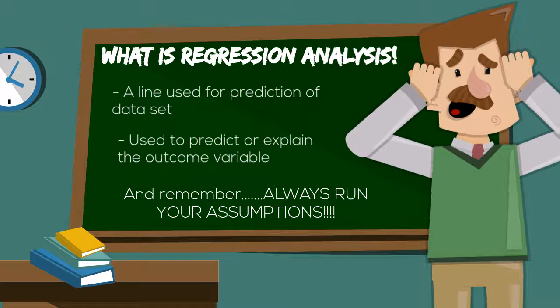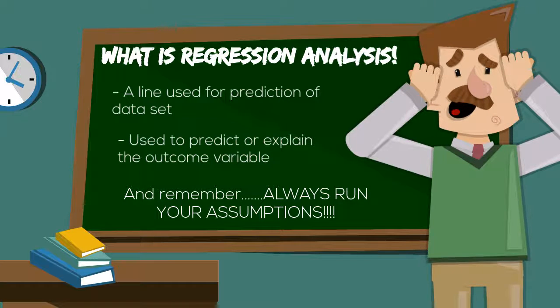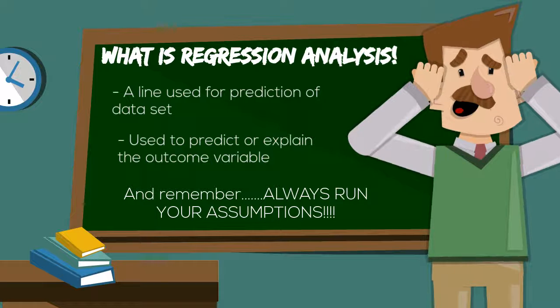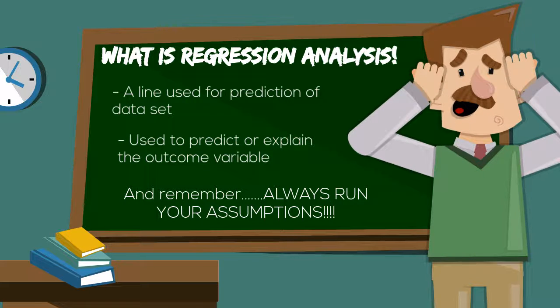And as always, with any type of testing we're doing, but especially with regression analysis, always remember to test your assumptions. There are a few additional assumptions that we will talk about later that deal more with just regression, but as always, run your normal assumptions that you would for any other testing.